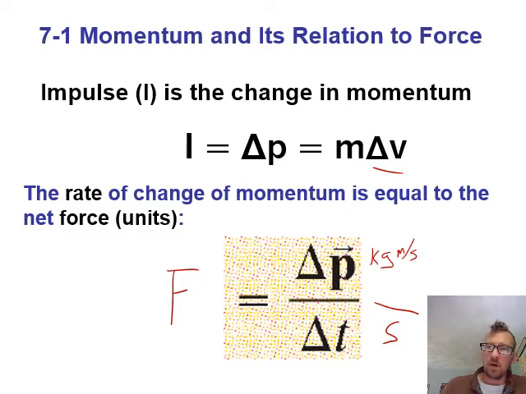You can, of course, also write this to say that a change in momentum is equal to a force being applied over a time. A 5 Newton push against a chair is going to increase the velocity over, if you push for 1 second, the velocity will increase even more if you're pushing for 2 seconds, and so on.